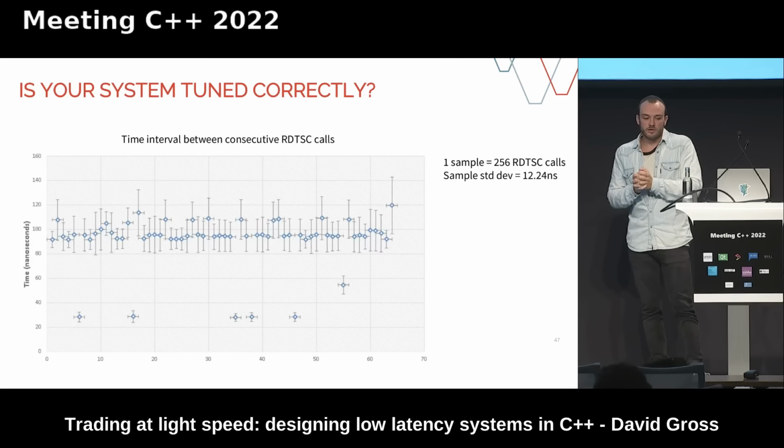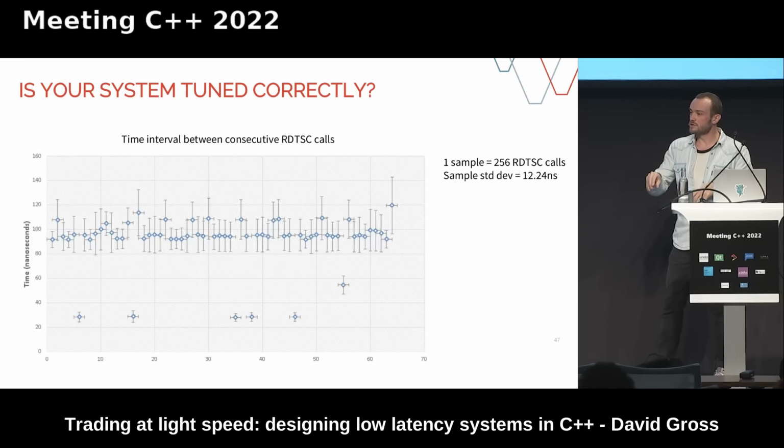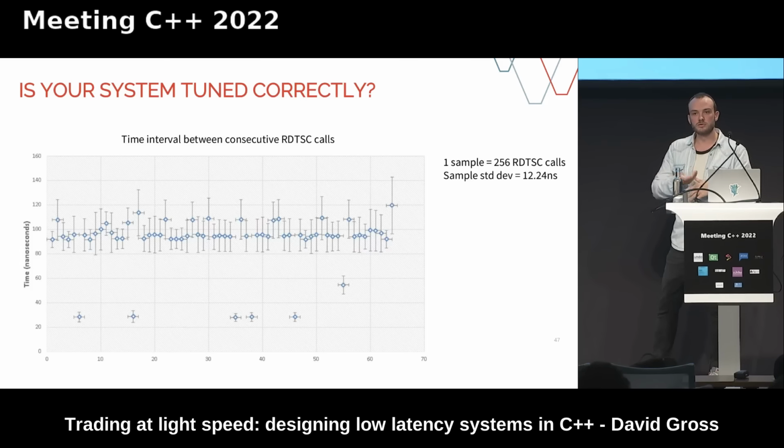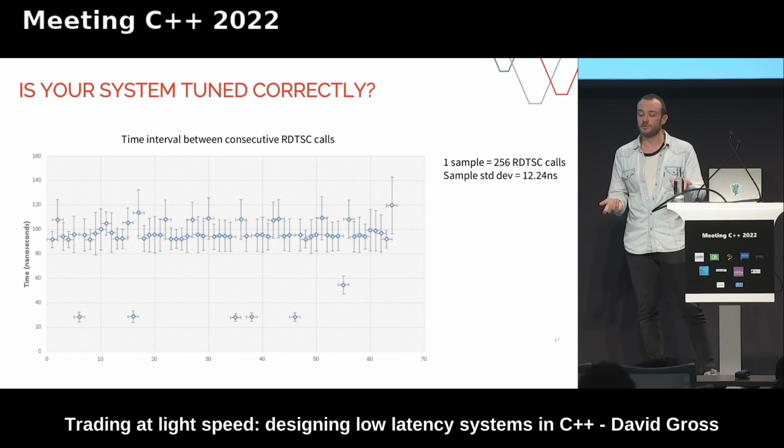So you can run a quick test to see if your server is properly tuned or not. Each point in this graph is a consecutive call of RDTSC. RDTSC is an x86 instruction. It's reading the TSC. The TSC counter is the wall clock that we have in the CPU itself.